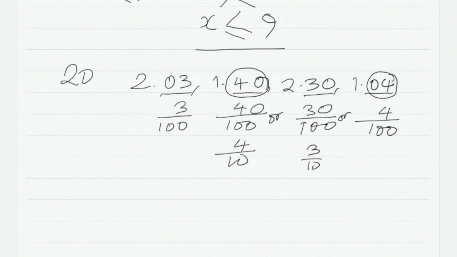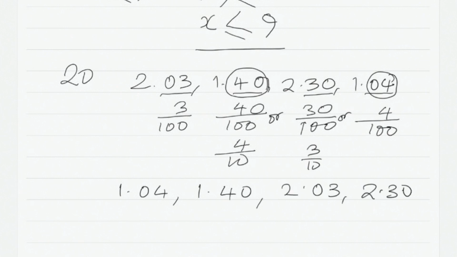So we look at this one and that one. So meaning the smallest is this one, which is going to be 1.04, followed by 1.40, then followed by 2.03, and ending with 2.30.